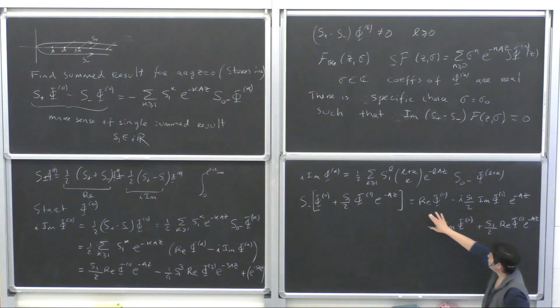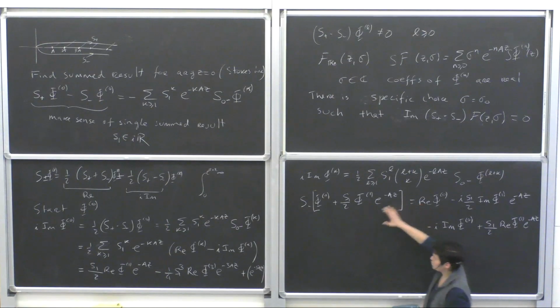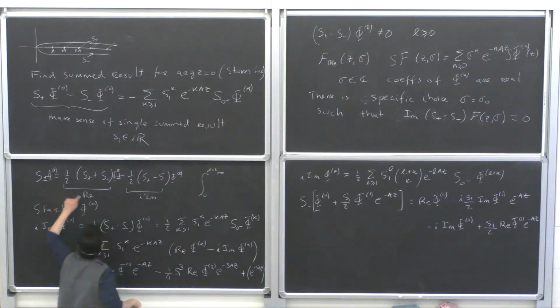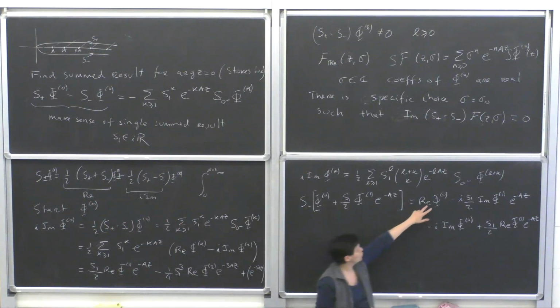So what I wrote here is, I have a real part of phi 0 and an imaginary part of phi 0. That's what comes directly from the S minus. Real minus i imaginary. So that's these two terms.